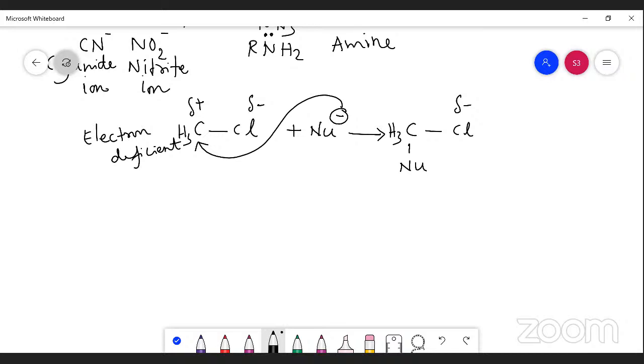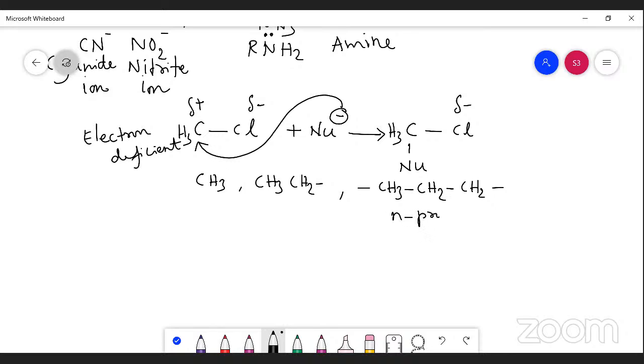You should assume that I can replace it with CH3, CH3CH2, methyl, ethyl, propyl, because the group is like this. This is a methyl group, this is an ethyl group, and this is an alkyl group. CH3, CH2, CH2 is propyl.